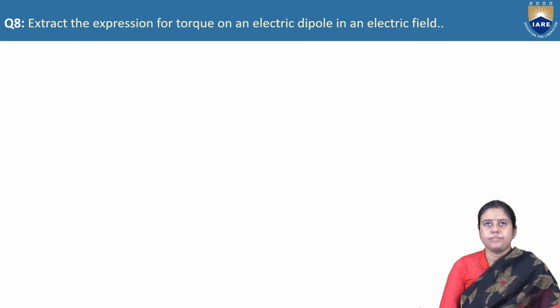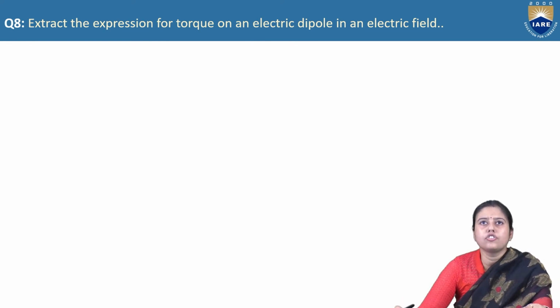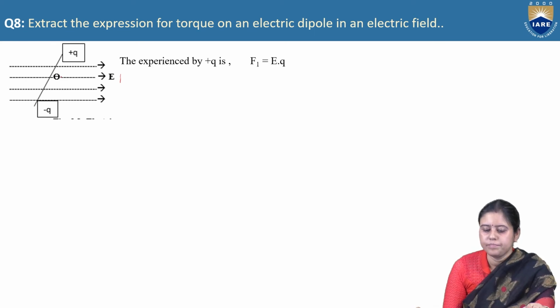Next, derive the expression for the torque of an electric dipole in an electric field. You can see this is the field E we are applying. This is plus Q, this is minus Q, and this is the angle theta.